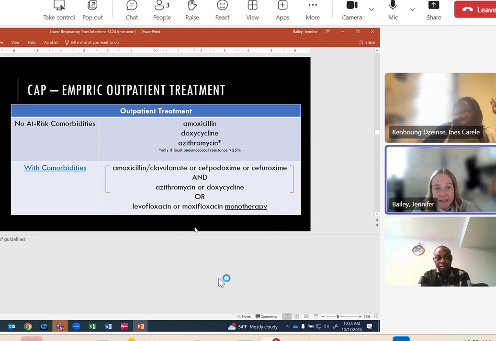It doesn't need anything else because it covers all of the bugs that were on that earlier slide. But if you also remember, fluoroquinolones have a lot of side effects and have a lot of warnings. And so generally they're not preferred over this combination.